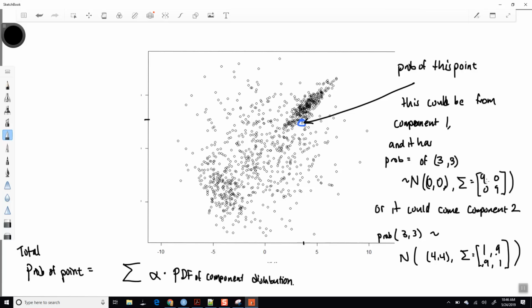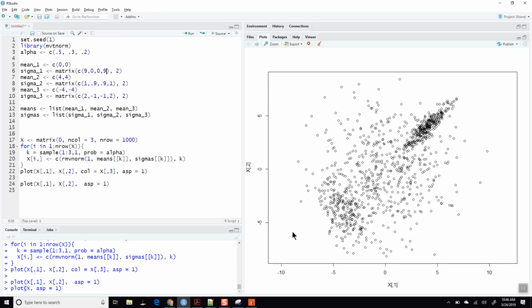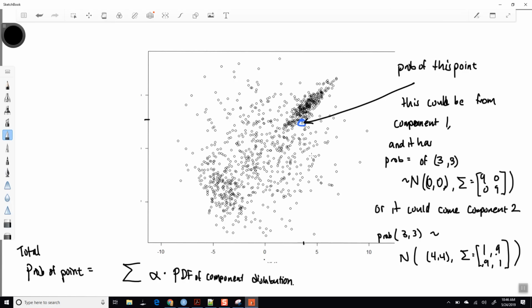The way we're going to run the algorithm is that when we discuss a point like this, we don't know which class or component it belongs to.